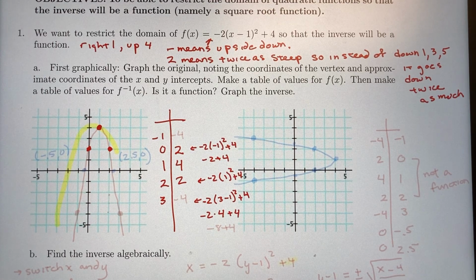Don't multiply before you do the exponent. Remember PEMDAS. E is before MD. So negative 8 plus 4 is negative 4. So down 2, then down 6 more. So 2, 4, 6, down to negative 4. And symmetric on the other side. So we have a much better picture now than our horrible yellow approximation.